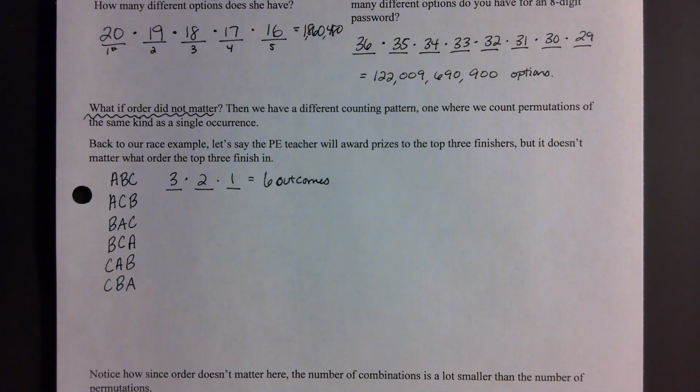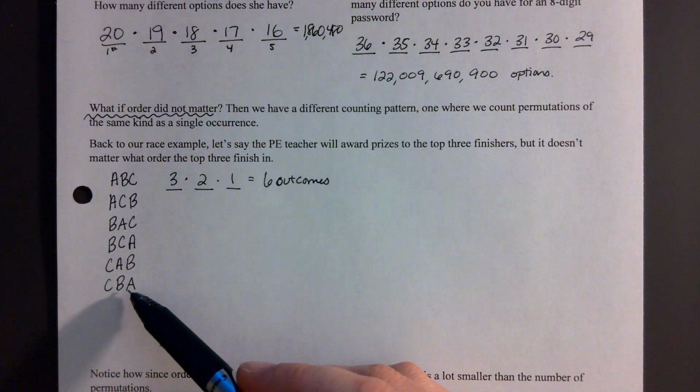Now, if we want to figure out how many different ways those individuals could win, we would need to make sure that we eliminated these repeats out of our permutation.